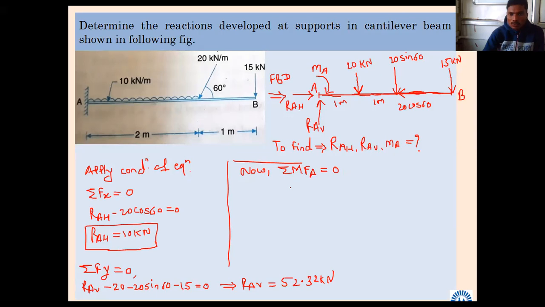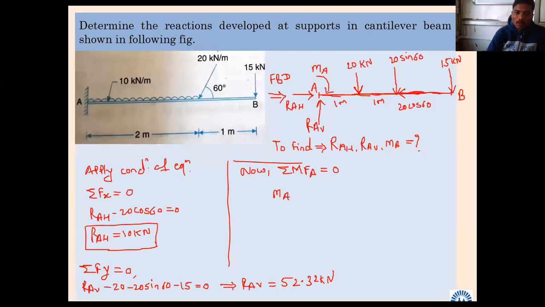How much it will be? 99.64. Minus, sir. Just summation M equal to 0. So moment we have assumed clockwise, correct? We have assumed clockwise means we have to take positive as it is.